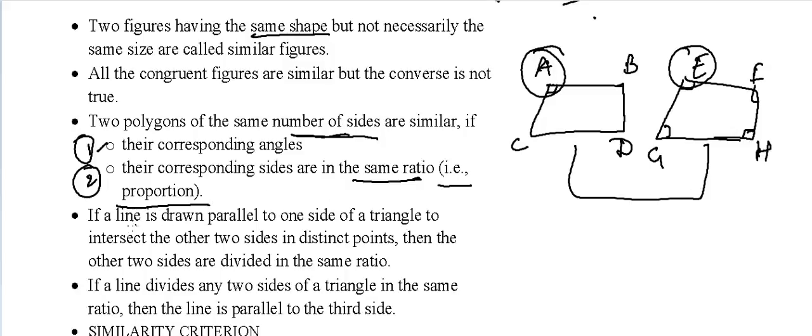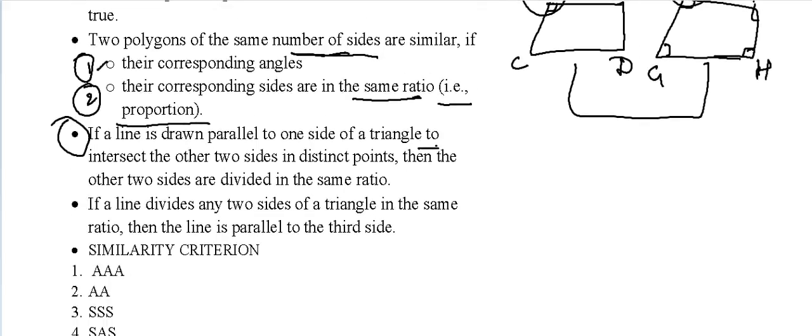Now the third point is when a line is drawn parallel to one side of a triangle. This you have studied earlier, in your class 9th. When I draw the figure, you can easily recall it.